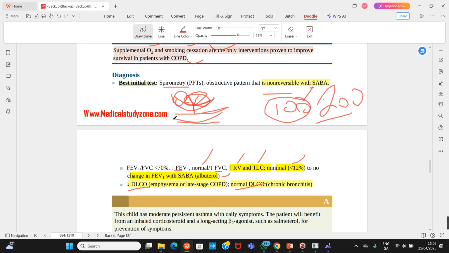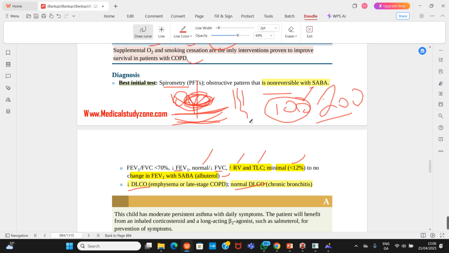If the alveoli is gone, collapsed, there's no way carbon monoxide will pass across. So DLCO will reduce. But in chronic bronchitis, the only problem is the narrowing of the bronchial airway. So some of the carbon monoxide can still manage across.